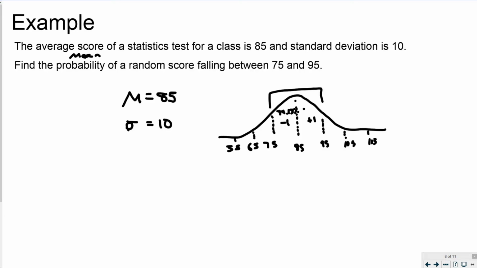So if I combine those amounts, 34.13% plus another 34.13%, I would get 68.26%. So if I pick a score at random out of my statistics class, because it is one standard deviation to the left and one to the right as my endpoints, I have a 68.26% chance of picking a score between a 75 and a 95.